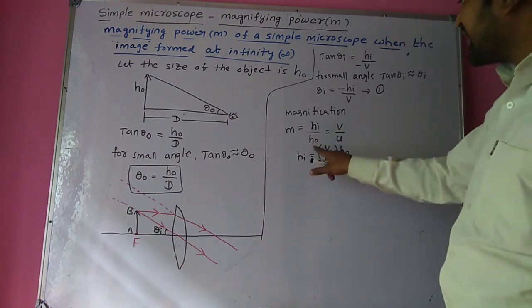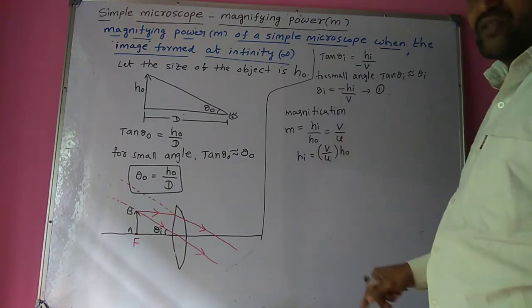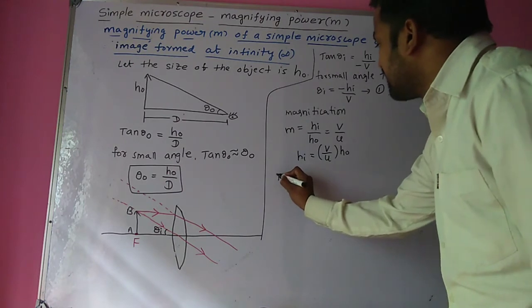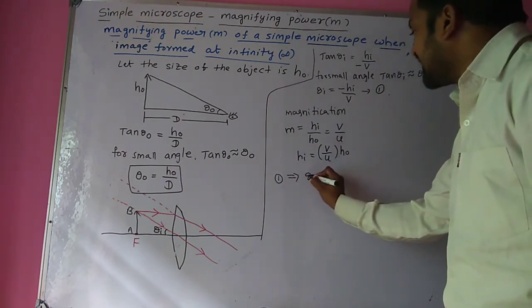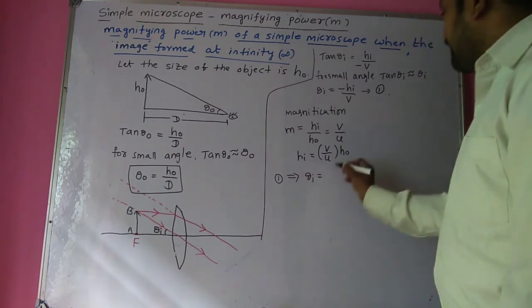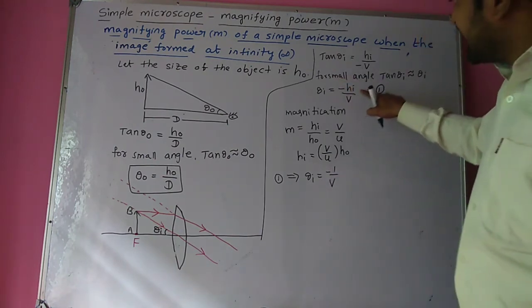This is the value of HI. Substitute the value of HI in the first equation. From the first equation, theta I, the angle made by the image, is equal to minus 1 by V times HI.